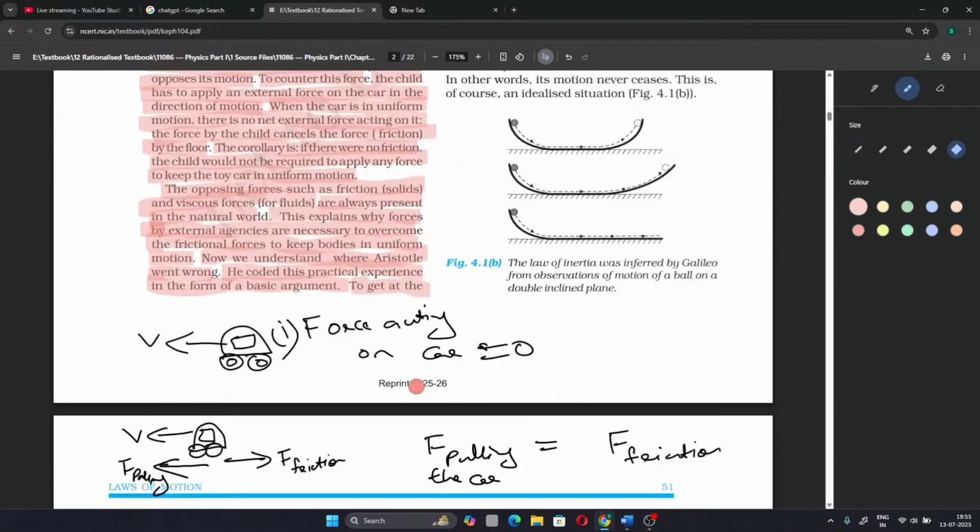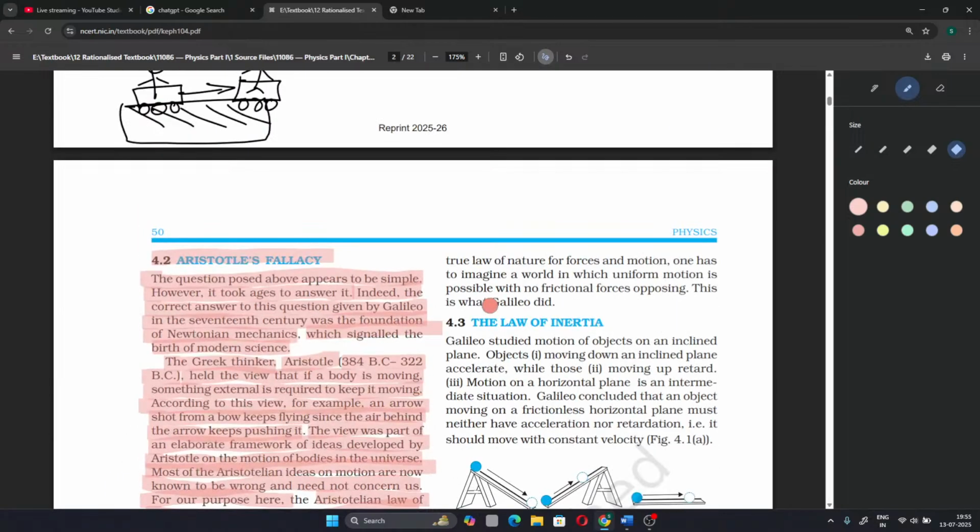To get at the true law of nature for forces and motion, one has to imagine a world in which uniform motion is possible with no frictional force opposing it. This is what Galileo did.